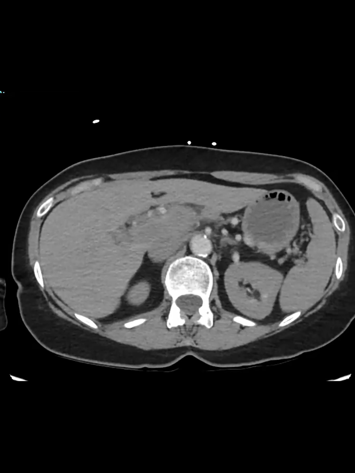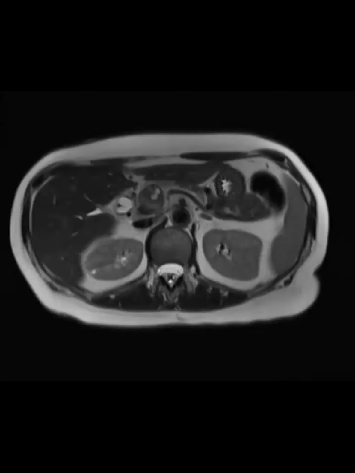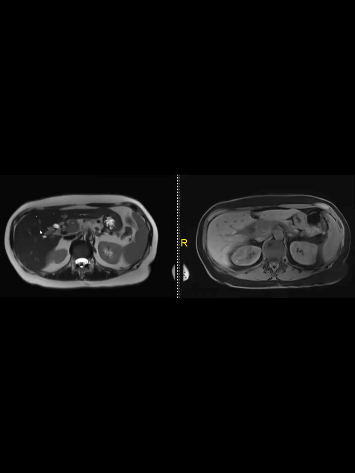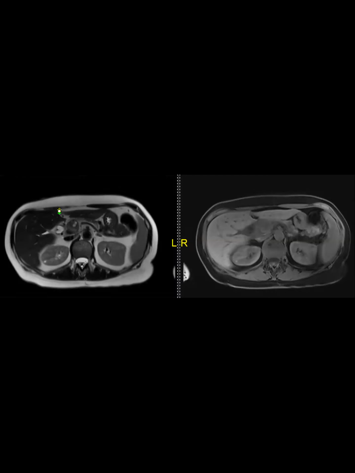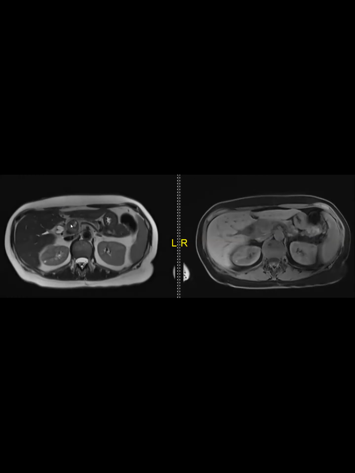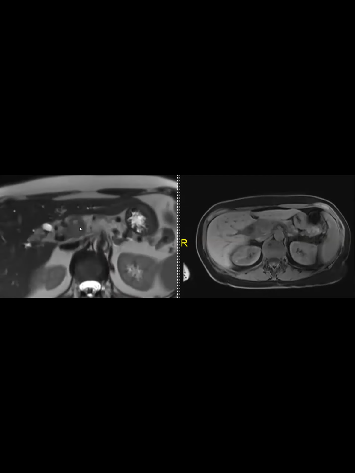Again, this is from outside, so I don't know why they went straight for MRI, but that's what they did. Let's extend this. I'm just showing select images, T2 and T1. You can see a well-defined mass here, very heterogeneous on T2.